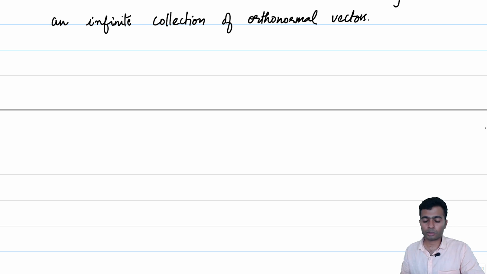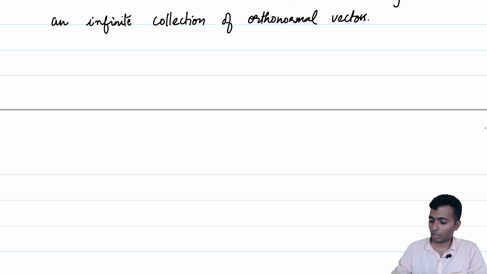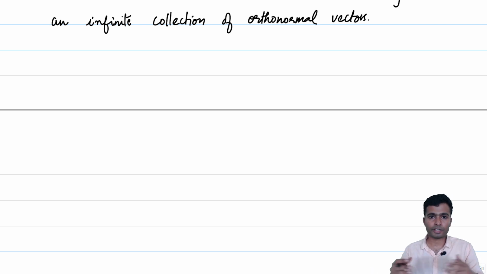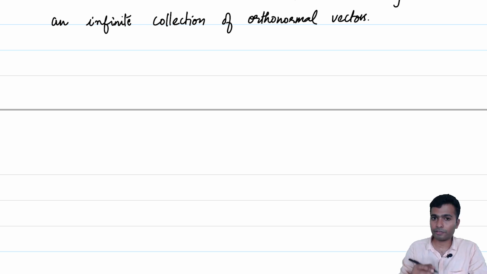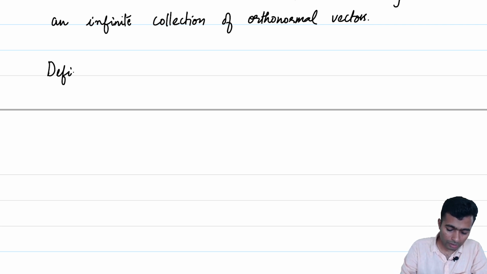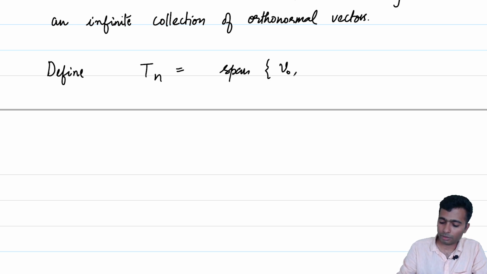So we will not talk about Fourier series right now because that is beyond the scope of this course. We would have to develop convergence of an infinite series and such things. But rather, let's look at a specific subspace. So define Tn to be the span of v0, v1 up to vn.